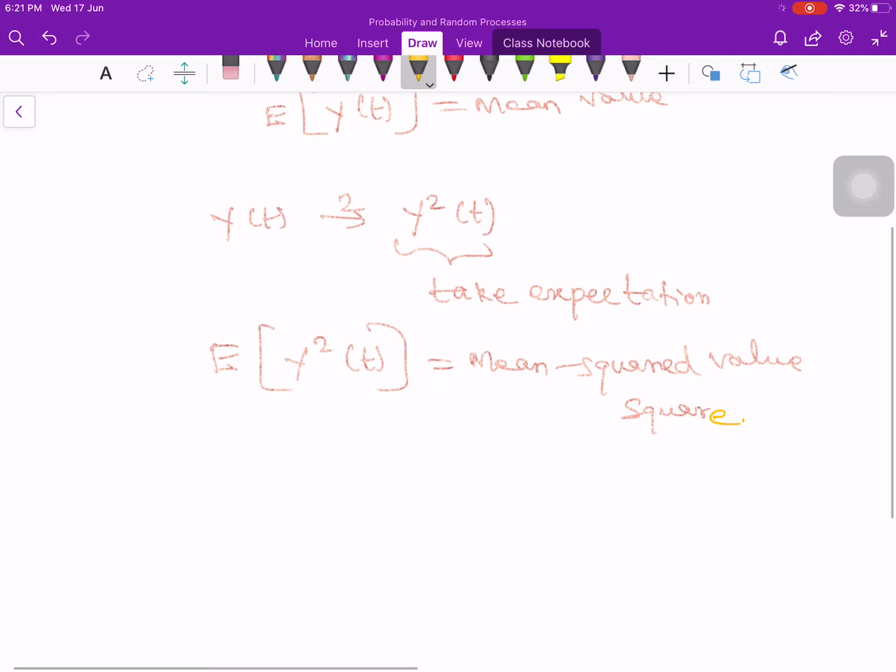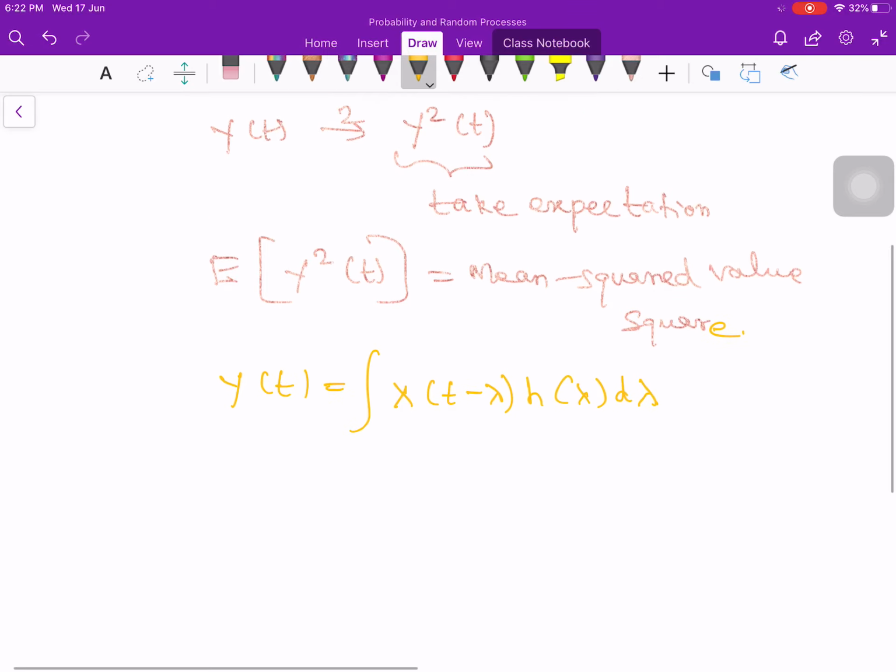And we know that capital Y of t is equal to the integral of x of t minus lambda times h of lambda d lambda. Now what is y squared of t?